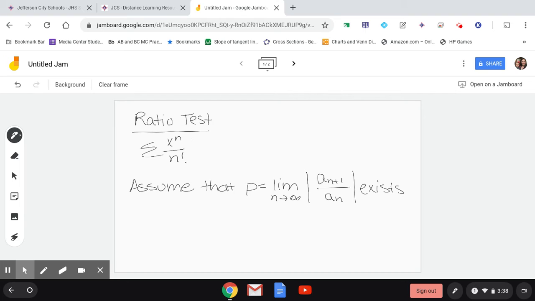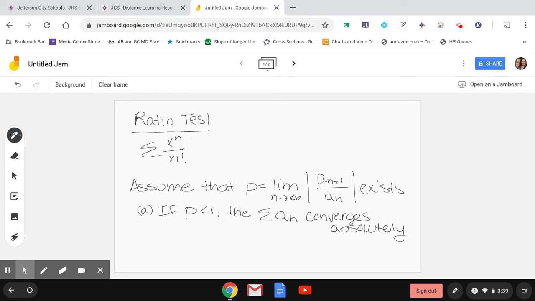But if the limit exists, very much like limit comparison, you have three options. So A, if P is less than 1, then the series converges absolutely. Now, we'll talk more about absolute and what we call conditional convergence later.